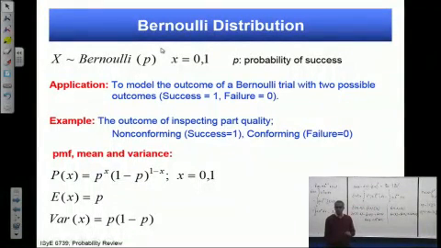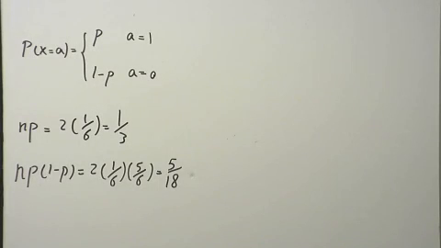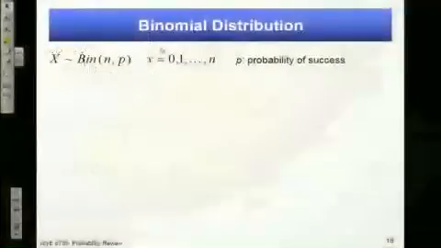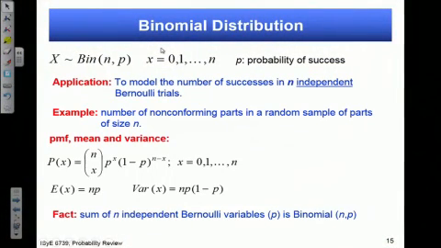Any questions? Is it clear? Okay. That's the binomial distribution. A very interesting fact: you know that n independent Bernoulli trials give you a binomial. Therefore, if you have some Bernoulli random variables, the summation of these random variables gives you a binomial distribution. Here is one example.